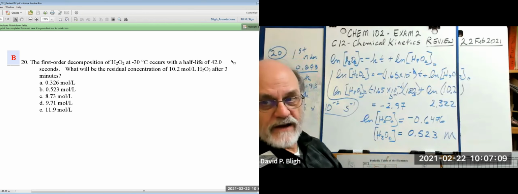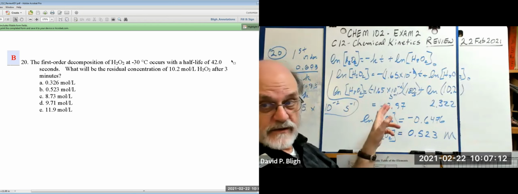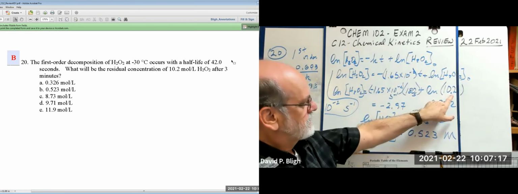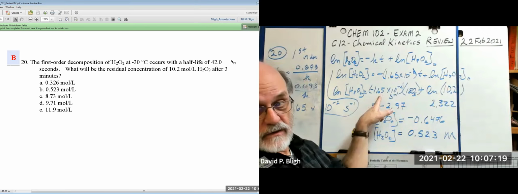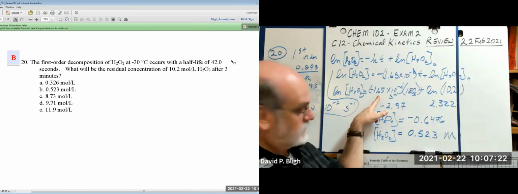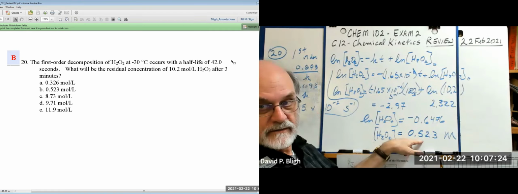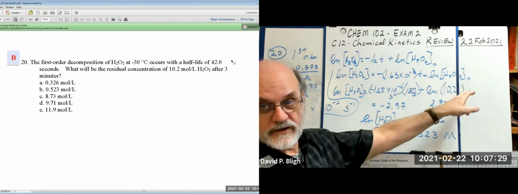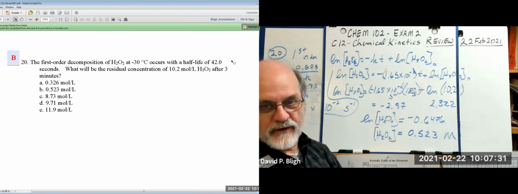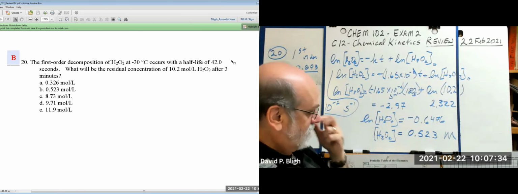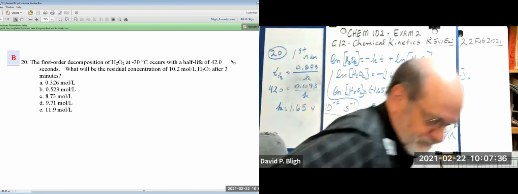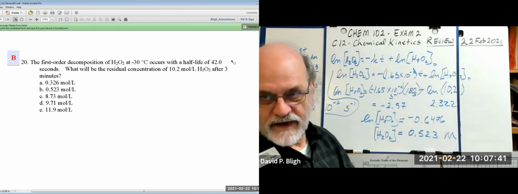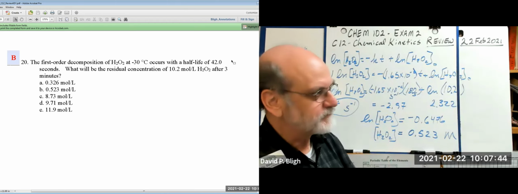So the concentration of hydrogen peroxide after 3 minutes, starting with that concentration and this k value, at that temperature, we would have this much left. That's really a pretty high concentration. I wouldn't want to spill any of that stuff on my hand or splash it on my face. If we had time, we could calculate what that was in terms of percent composition.